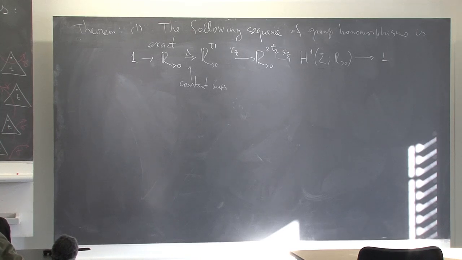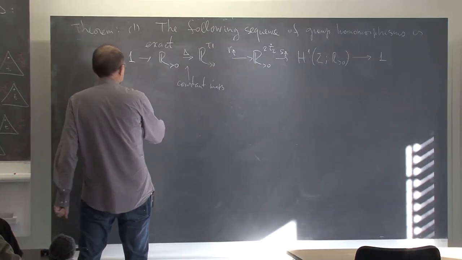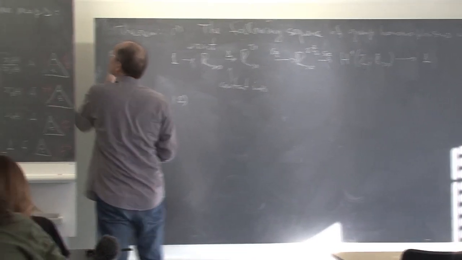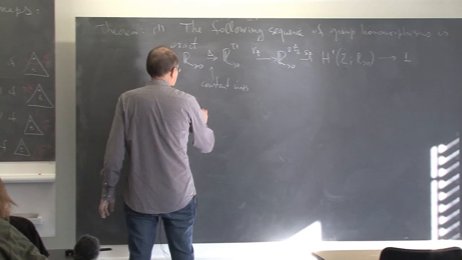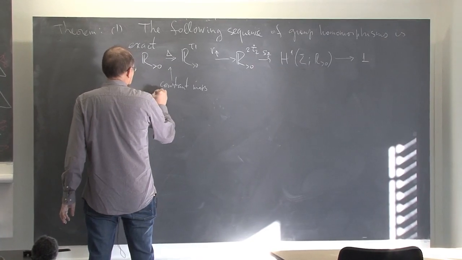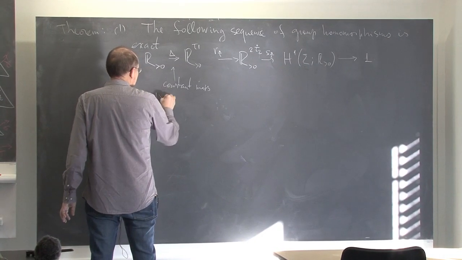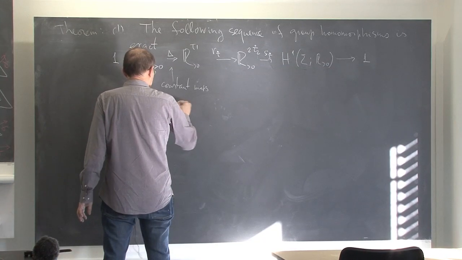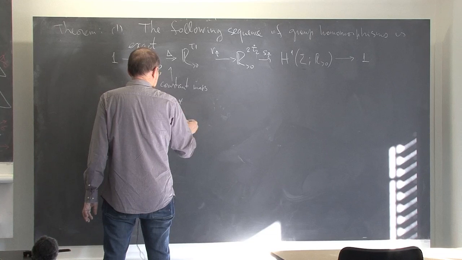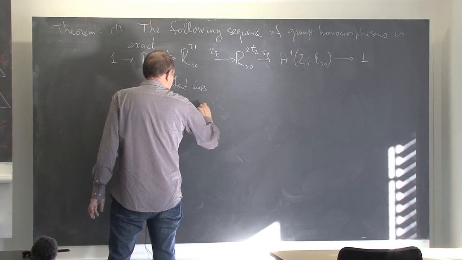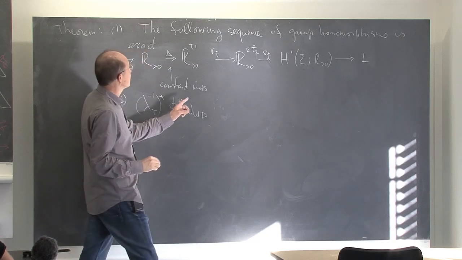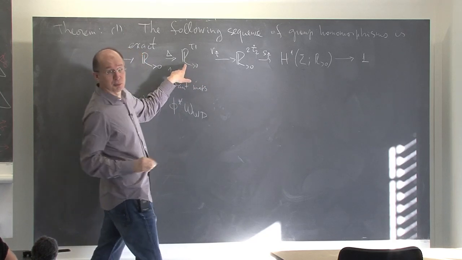Then we have a second part which concerns the Weil-Petersson form. If we take the description of the Weil-Petersson form in Penner coordinates, lambda coordinates, phi star omega Weil-Petersson, this object lives in here.